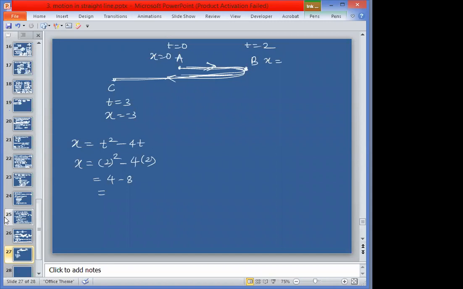Check. What is the answer? Answer is -4. Not +4. Answer -4 आला. Interesting.